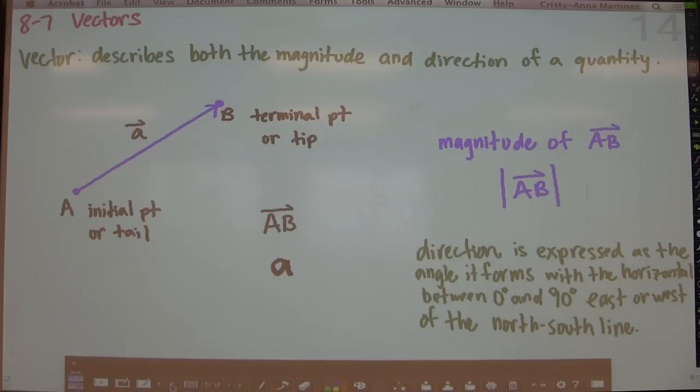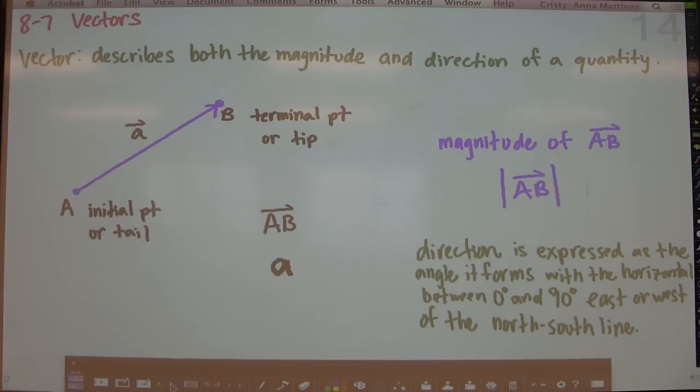That would be the magnitude, but it doesn't give you anything about direction. However, if you say you were at a velocity of 10 miles per hour due north, now you're adding the component of direction. So now you're talking about a vector.